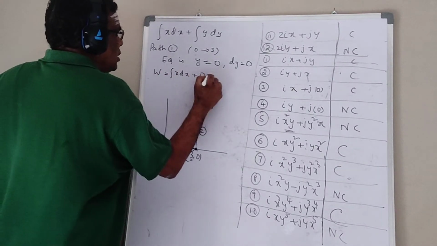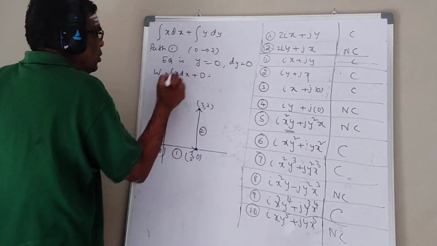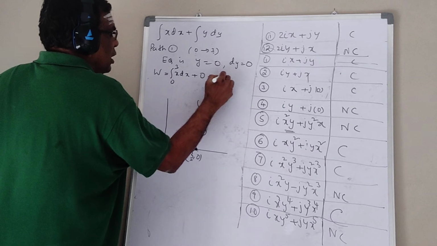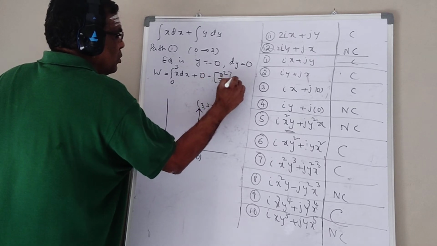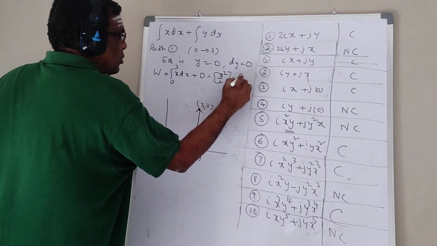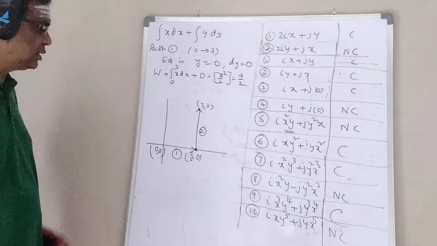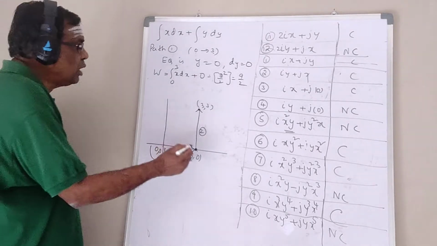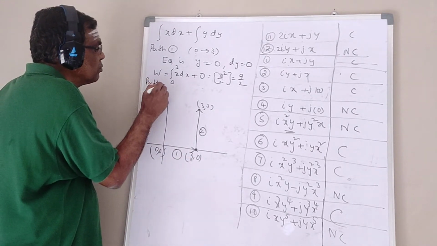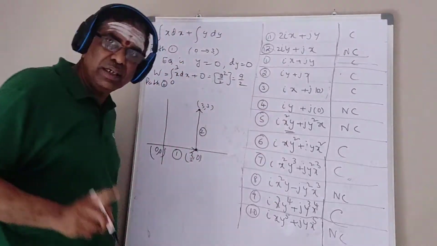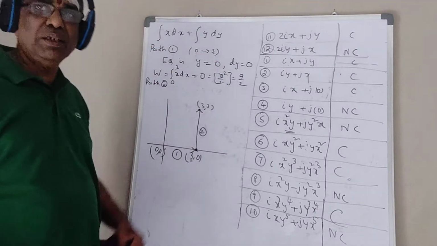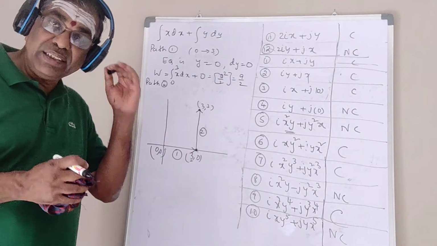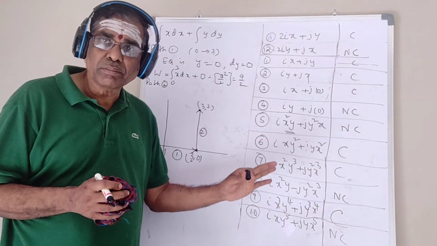And what is this? This is simple. x is varying from 0 to 3, so x squared by 2, that is 3 squared by 2, 9 by 2 is the answer for the first part. Every time the problems are given, take part 1 separately, take part 2 separately, work out, and this is how you better do it.